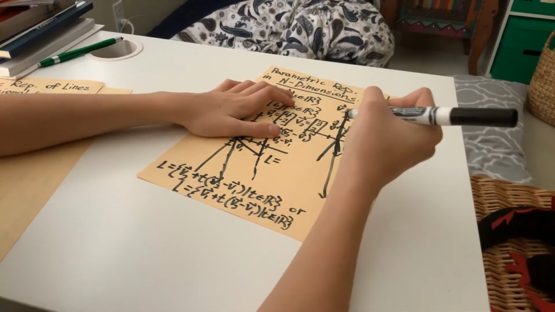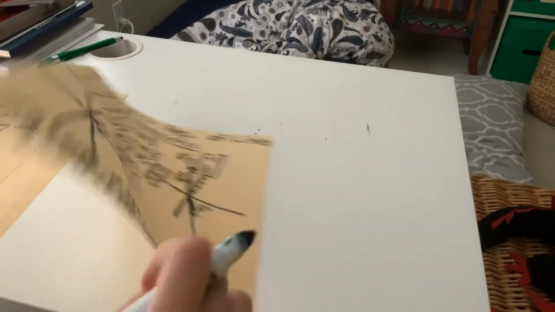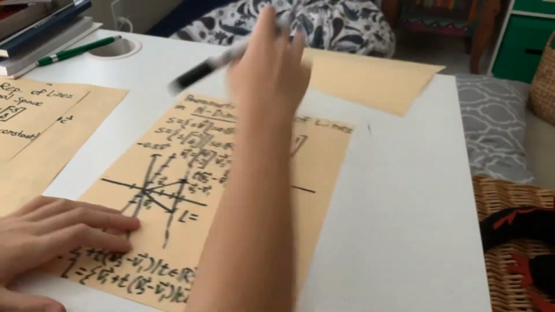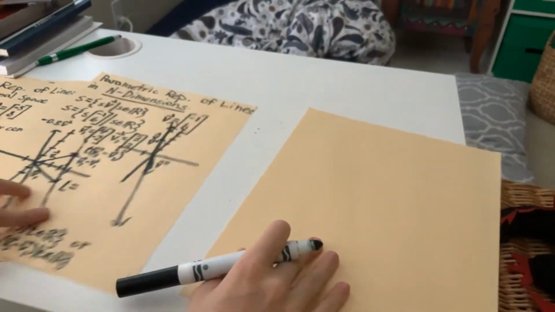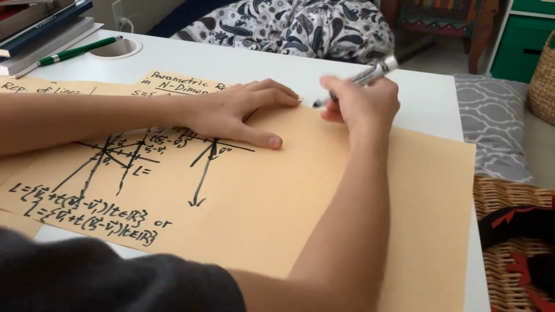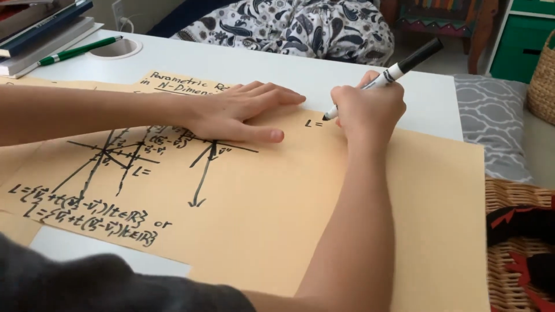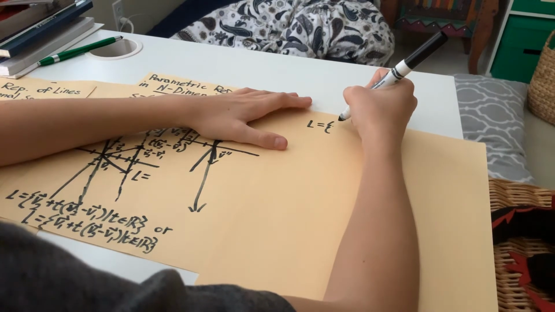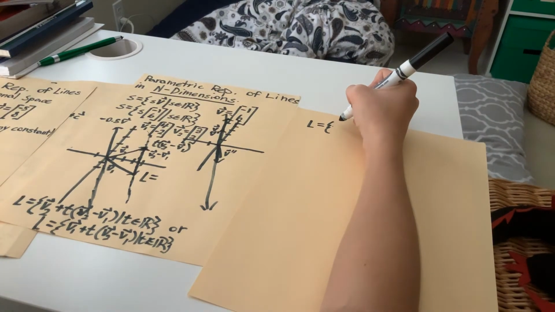So L is equal to, and we're running out of space here. I'll get a new piece of paper. Oh, that was close. So L is equal to v2. We'll use v2 as an example here.